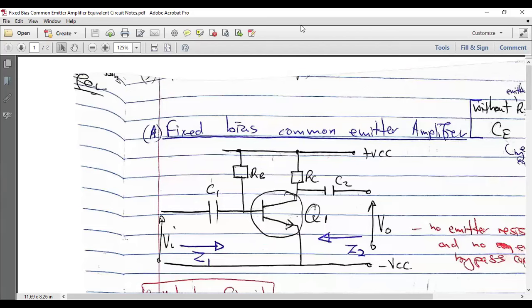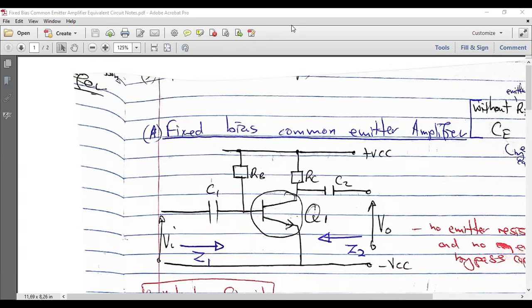When you're representing the equivalent, don't include the extras, just the basic one. We do not have the part of the collector and the emitter with the resistor and capacitor. It will be just the basic that you're given. We do not have RB1, because in the other one we're going to have RB1 and RB2, where we talk of the voltage division. This is just a basic one.